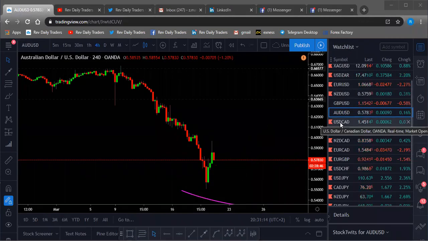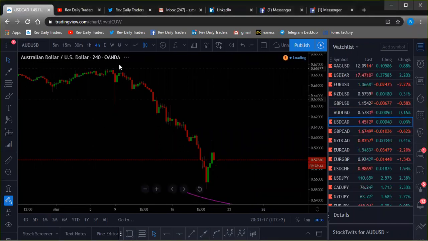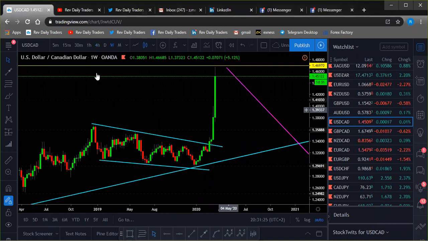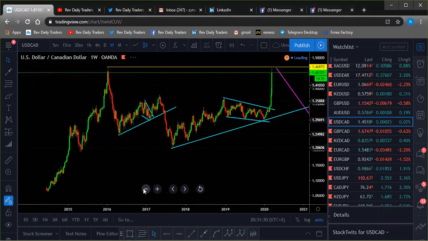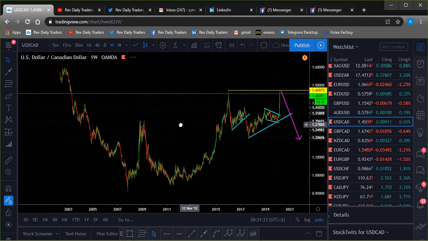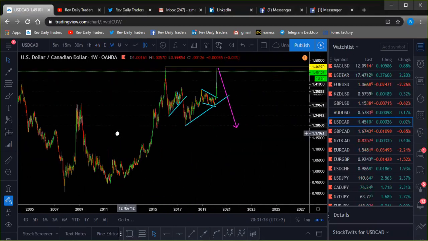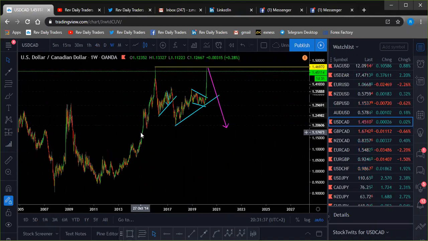Then we move to USD CAD. All we are looking for, we were expecting this pair to test 1.4697.